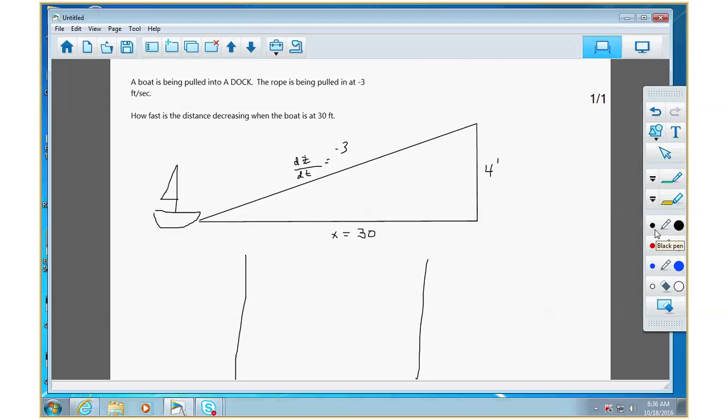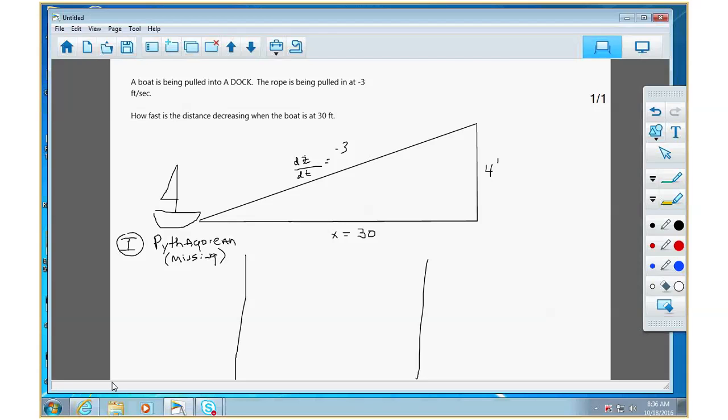If you want to feel confident and do something that you know how to do, then do the Pythagorean theorem. This is for those people that just sit there and stare at it. The first step is to label and find out what you're given. For those of you that look at this and go, I don't know if I can do it or not, the first thing you need to do is the Pythagorean theorem and find the missing variable.